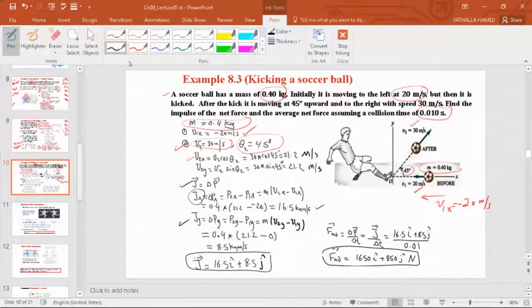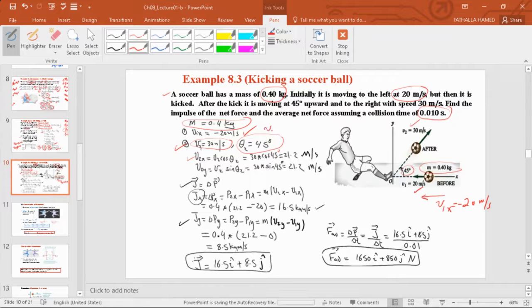The y component of your impulse will be the delta py, which is p2y minus p1y, which is m times v2y minus v1y, which is 0.4 for the mass, 21.2 for v2y. v1y is equal to 0.